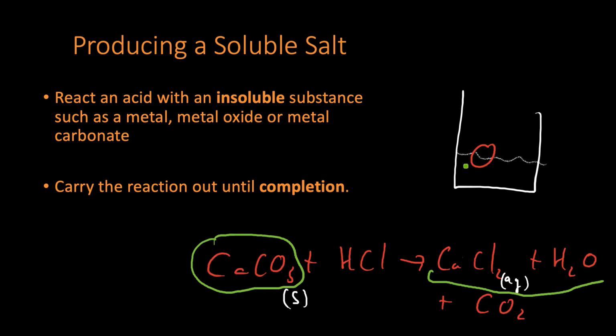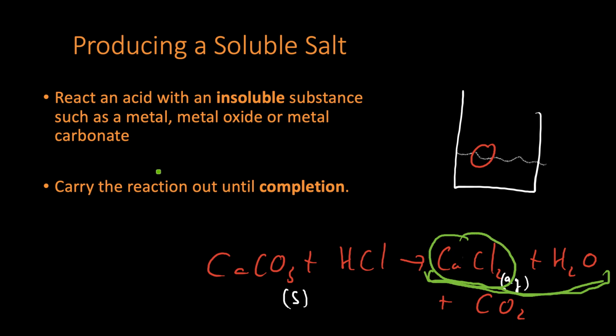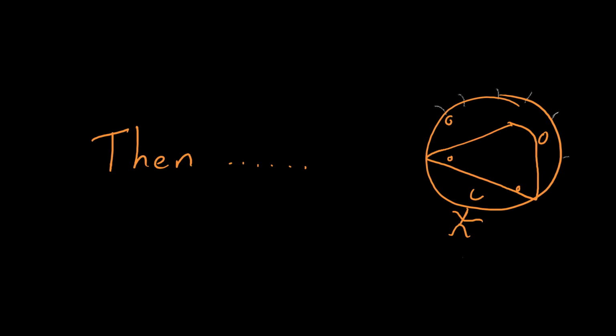So this calcium carbonate which is left over, we pour the solution through filter paper and the solid will not go through. What will go through is only the calcium chloride and the water. That will go through, the calcium carbonate will not. Okay, and so then what we would have is just calcium chloride solution, right? So calcium chloride solution, that's what we'd have. That's great. Then what do we do next?